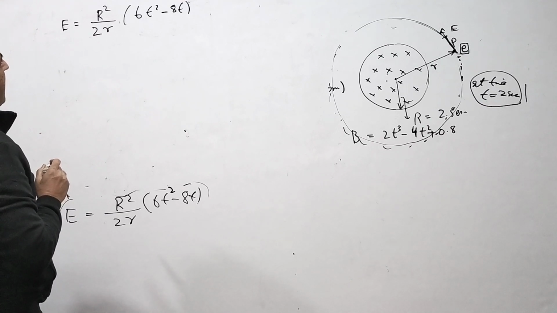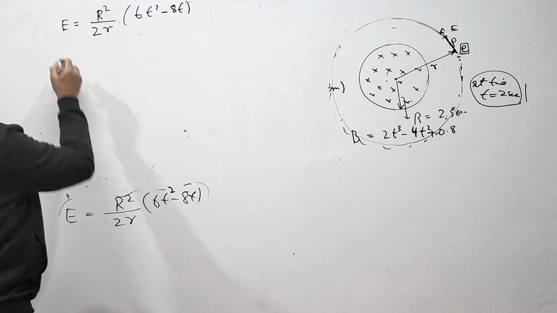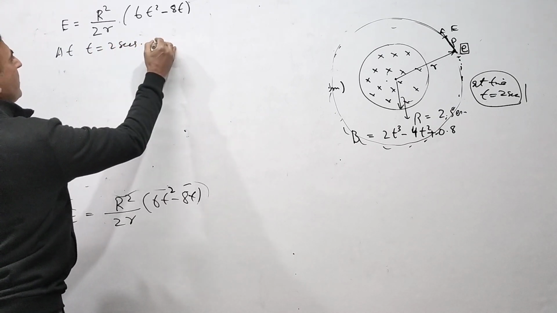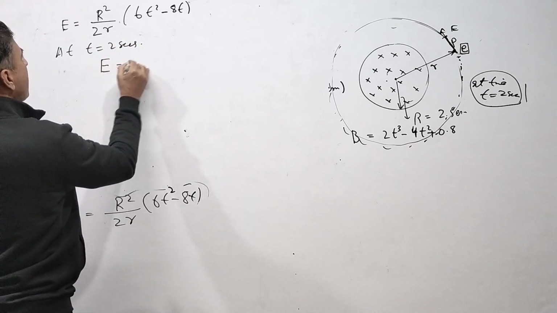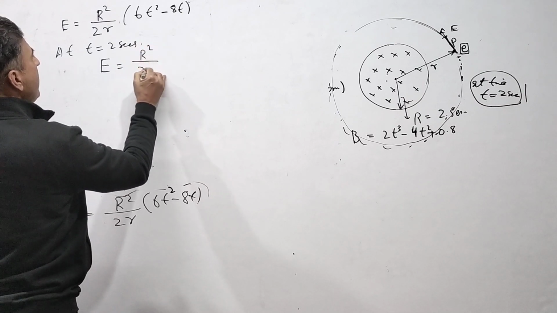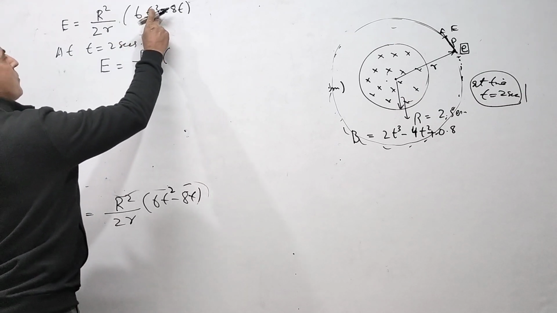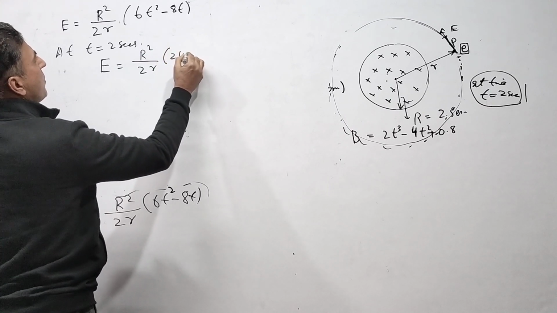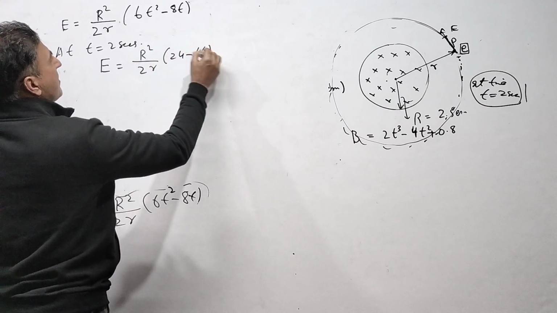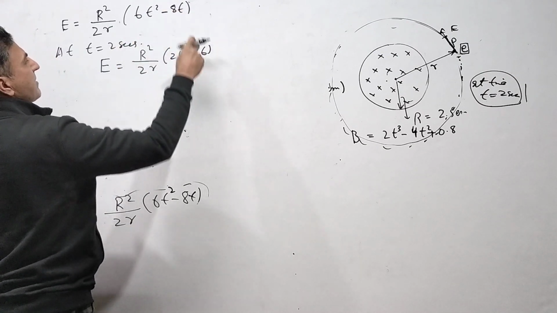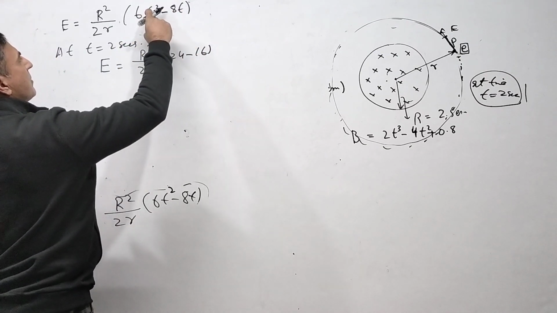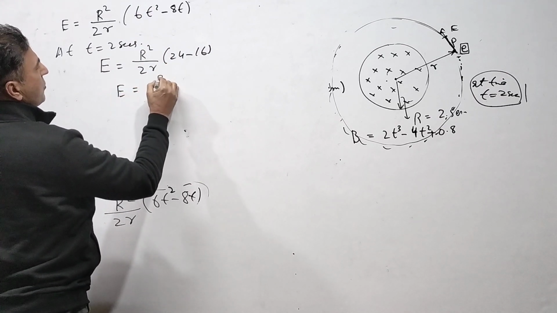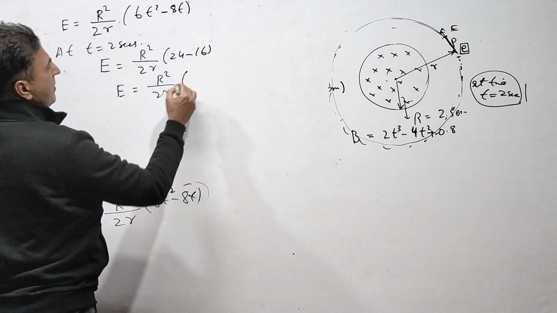Now, at time t equal to 2 seconds, what is the electric field? By substituting t equal to 2, 6 times 4 is 24, minus 16, that is 8.